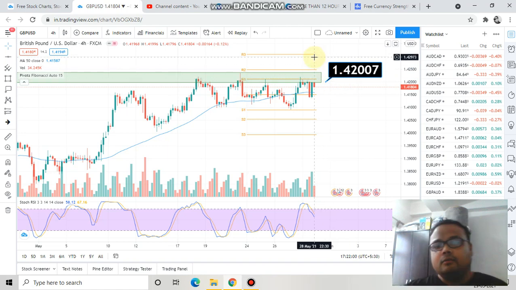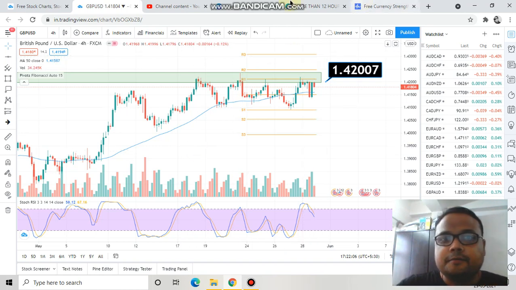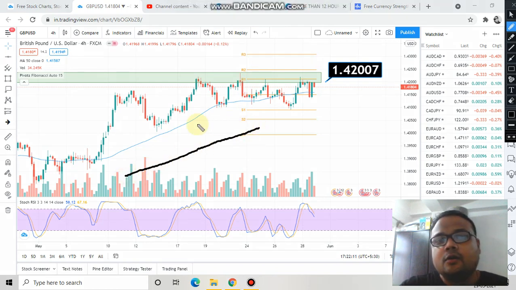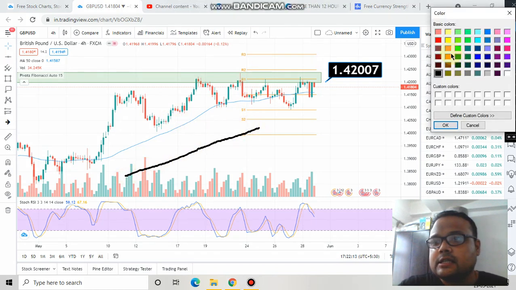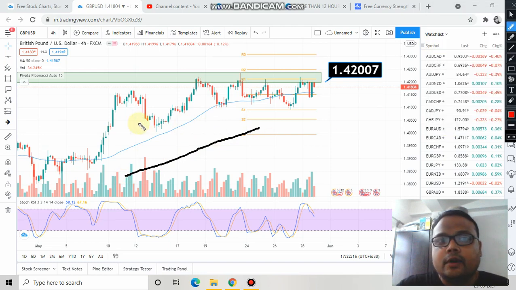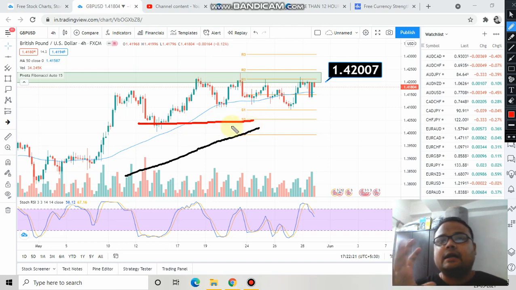On the other hand, we know very well that the market is in an uptrend. Therefore, bulls are trying to take the price upward, whereas sellers are sitting above and pushing the price downward. As a result, the market is in a range right now.